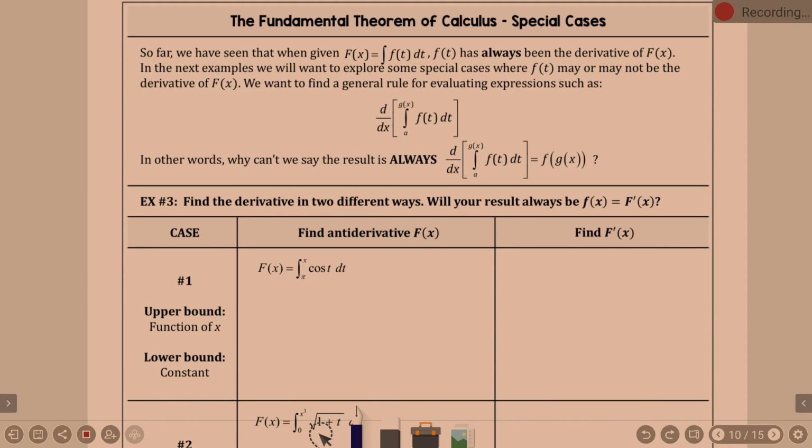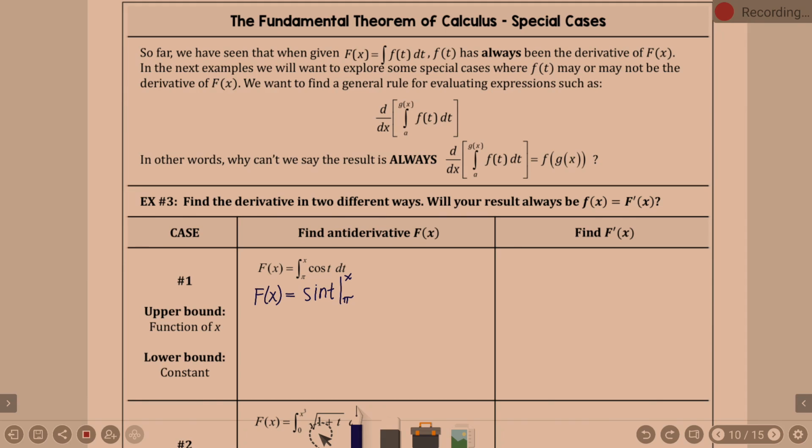So if we just integrate this by hand, what is the integral of cosine t? Sine of t, yes. So this is going to be sine of t evaluated from pi to x.